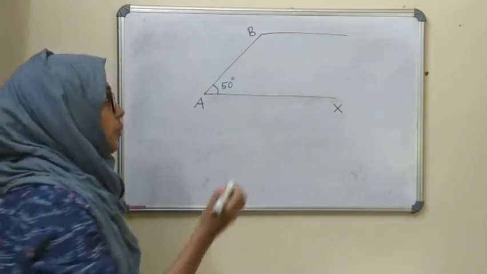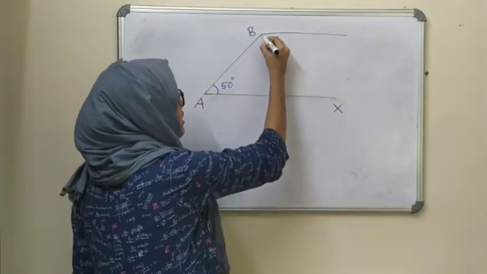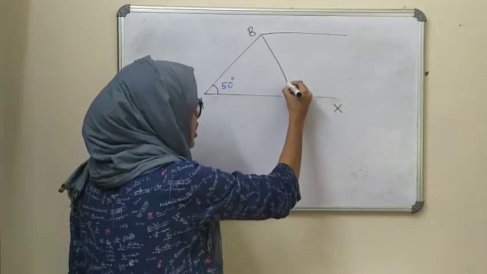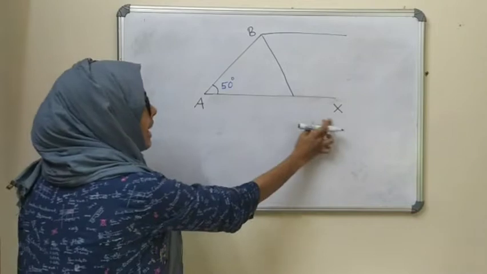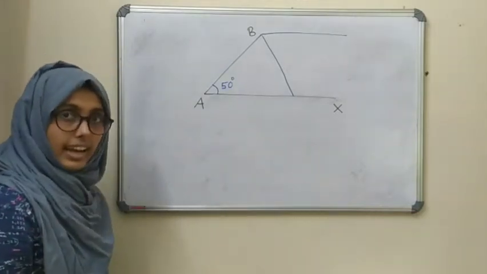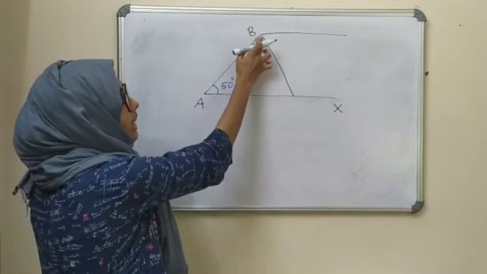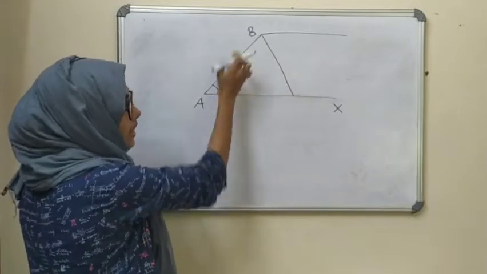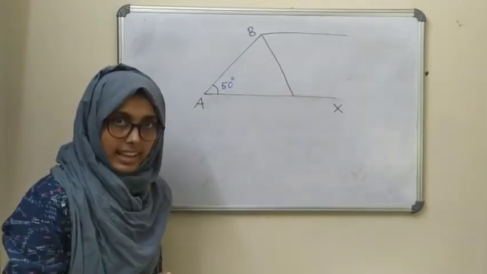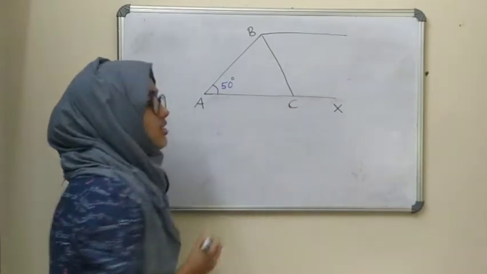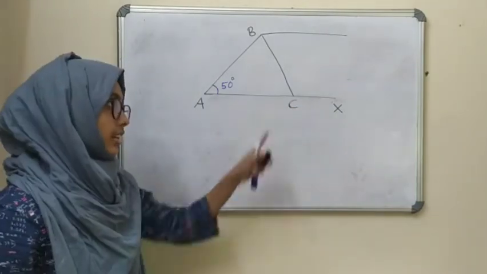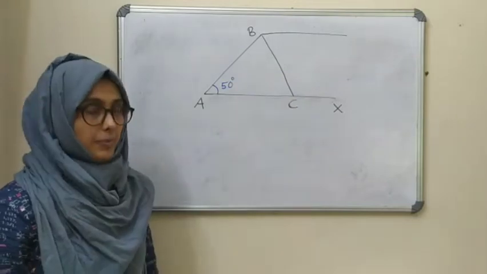Now I am going to draw a slanted line from B towards the line AX, and I named this corner C. The vertex here is C.